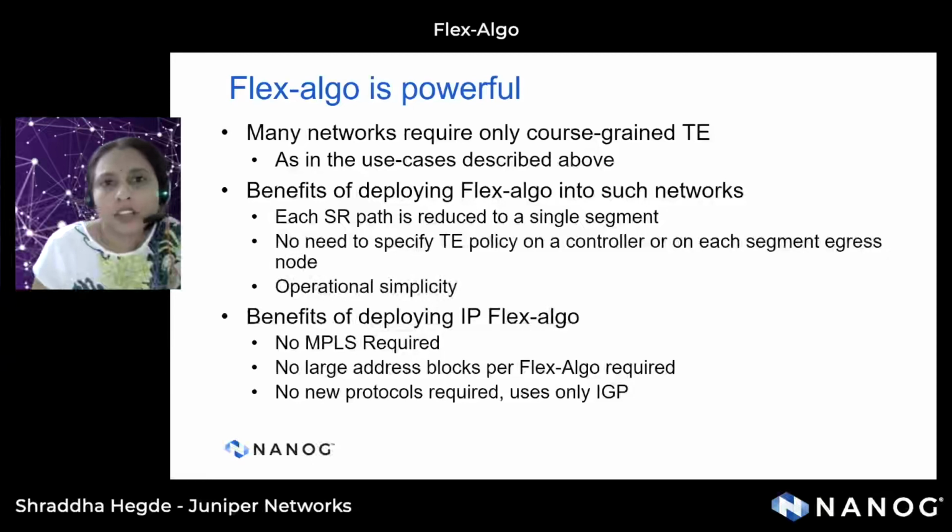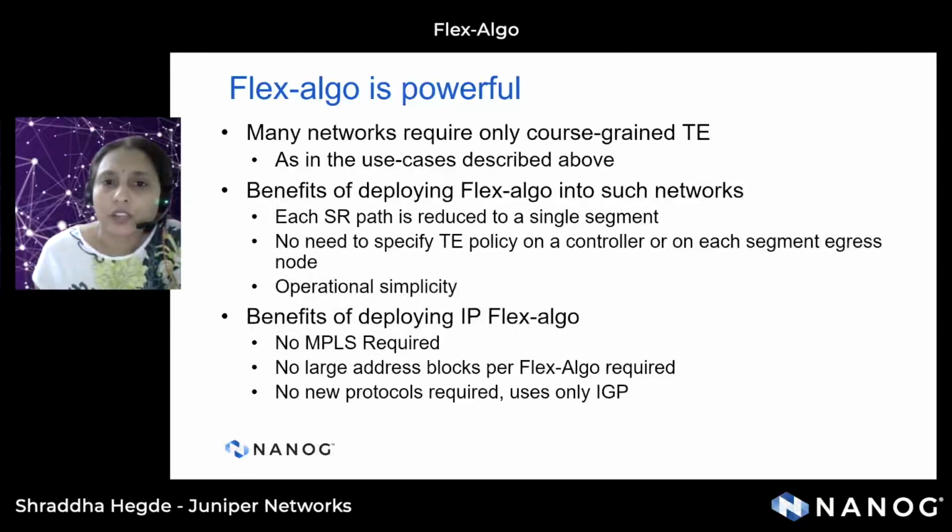So in summary, FlexAlgo is a very powerful tool. So many networks require coarse-grained TE, as we discussed in use cases throughout this presentation. And some of the benefits of deploying FlexAlgo into such networks is that the SR path is reduced to a single segment.